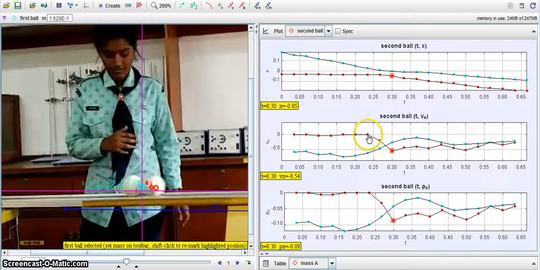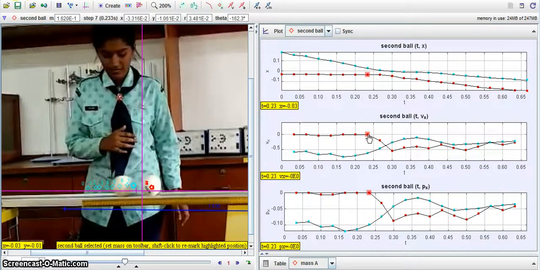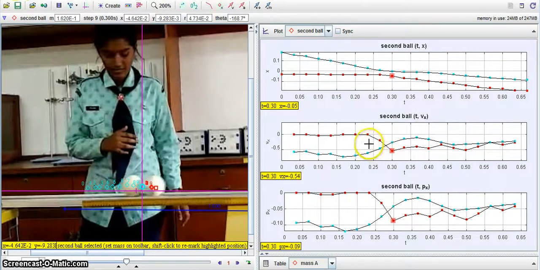And now, if you look here, this is what we call as time of impact, right? This is the time of impact for the second ball, from timeline 0.23 until 0.30. That was the time of impact.